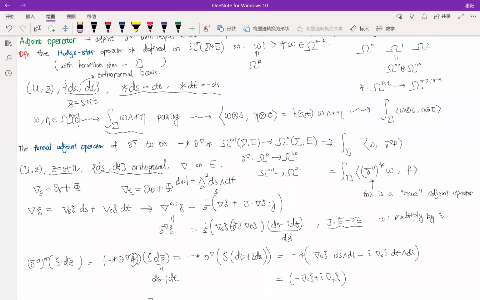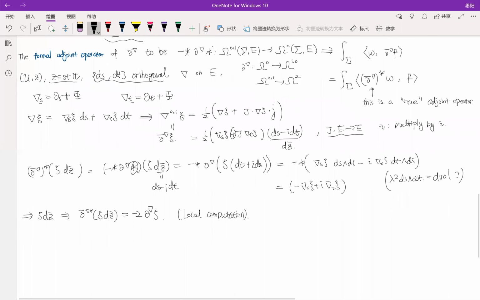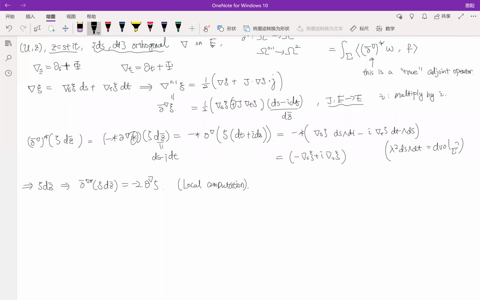Now I don't quite understand why he uses this volume form. Then there will be a parameter here, lambda minus squared, and the result will have a minus lambda minus squared in here.